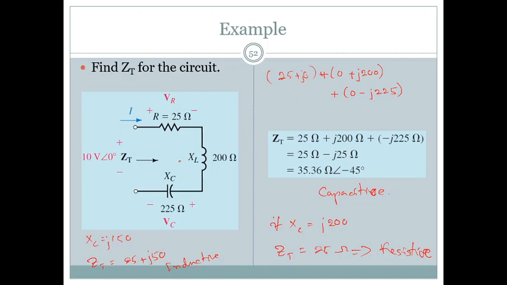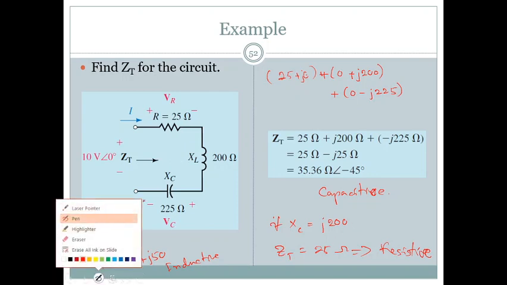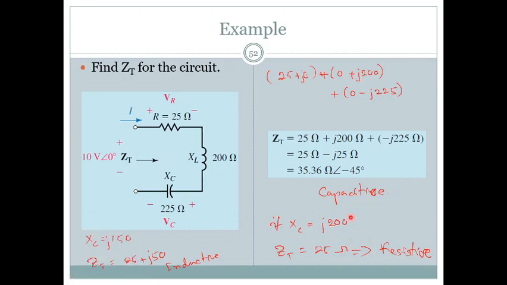One goes in the positive direction of the imaginary axis, and the other goes in the negative direction, so one cancels the other, right? So if both the magnitudes are equal, they will be cancelled out, and ultimately the circuit becomes purely resistive, like the case I have discussed here.